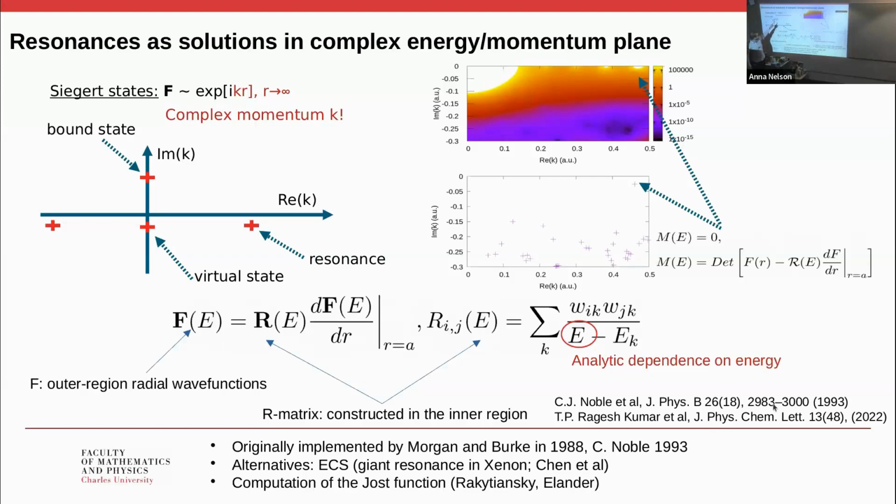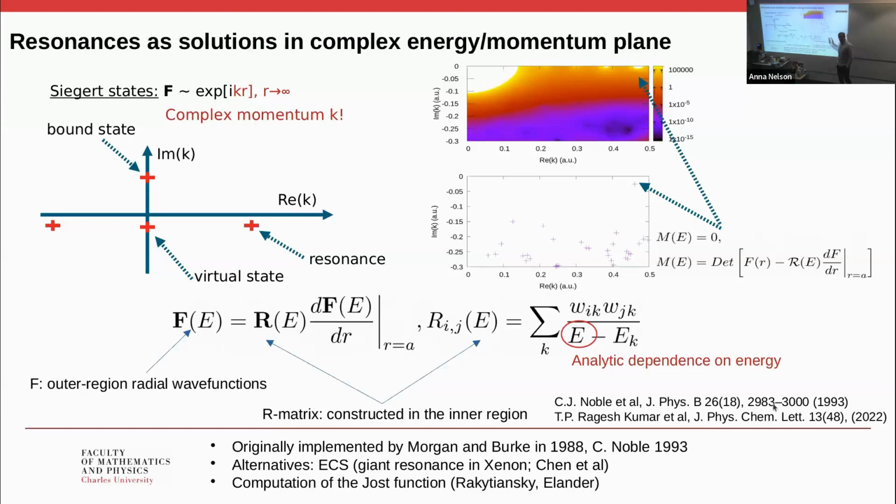We just plug in the ansatz for the outer region wave function into the matching equation, and then we just look for zeros of this function, and that gives us the energies where the Siegert states appear. We can nowadays scan the whole complex plane and look for zeros of this function, and we get precisely the positions of the Siegert states.